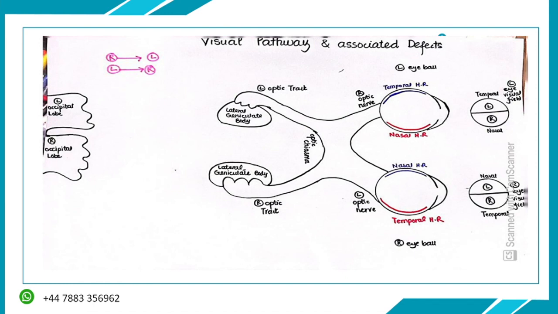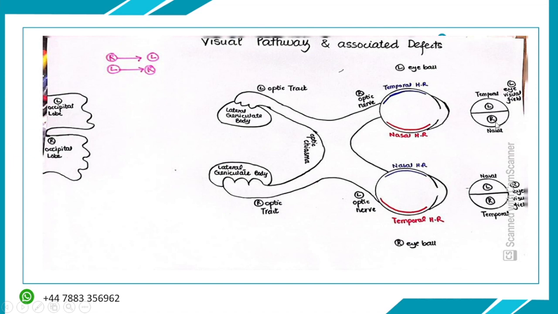As we proceed further, you can see that this is the left eye visual field, and Allah has created our eye such that, suppose this is the left eye visual field, it has two components.